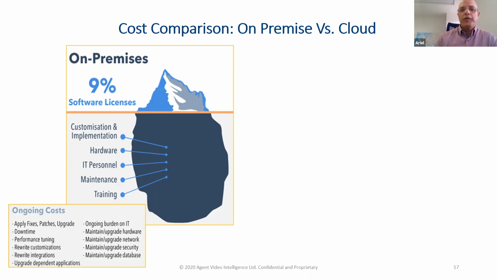One slide before I go to my short demo and then discuss the SAVI transition to innoVi. As I mentioned, we are selling today both cloud as well as on-premise. You need to take into consideration, when you make a decision about which is better for you, at least from the TCO, the total cost of ownership, that when you are running software on-premise and you are paying X amount for the license, let's say $100, underneath this license cost there is a huge amount of hidden cost related to the hardware, the IT personnel, the maintenance, training, customization, and so on and so forth.